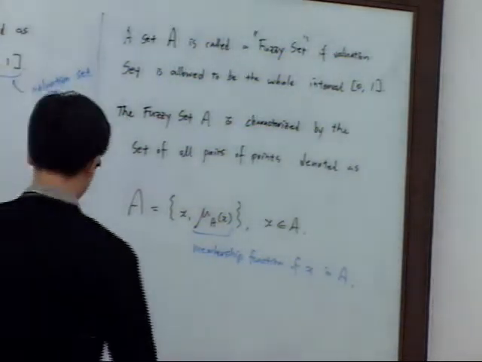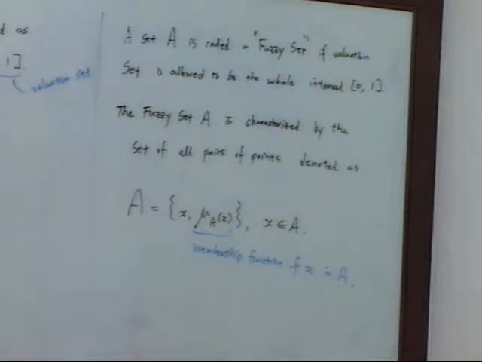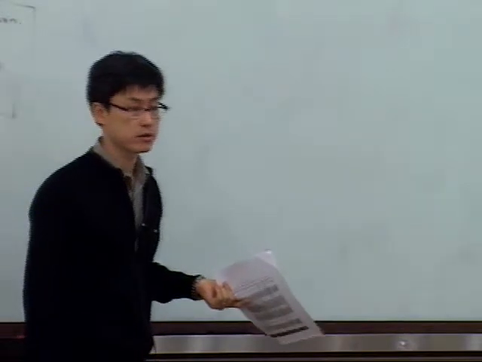One example of a fuzzy set. Consider the classical example: mu of x, if x belongs to A, it is 1. If not, it is 0.